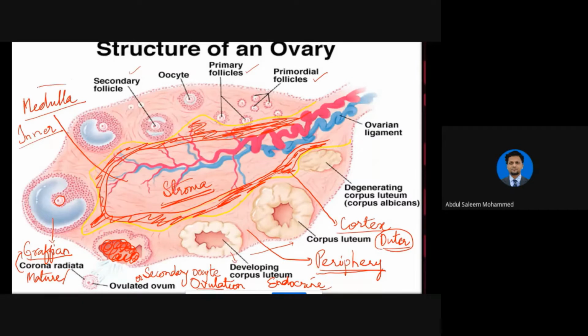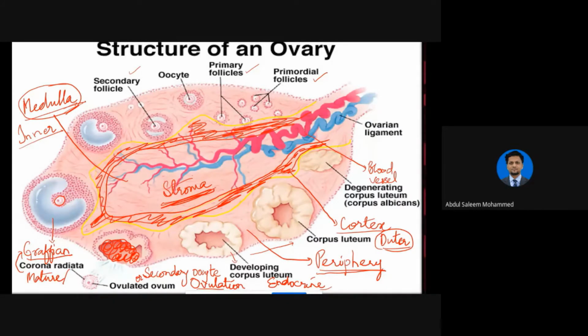Okay, the medulla, which lies in the middle, has a rich supply of blood vessels. So you can see here the blood vessels, both the gonadal artery as well as the vein. These are the blood vessels which are found in the medulla of the stroma. Along with blood vessels, you can also find nerve innervations.